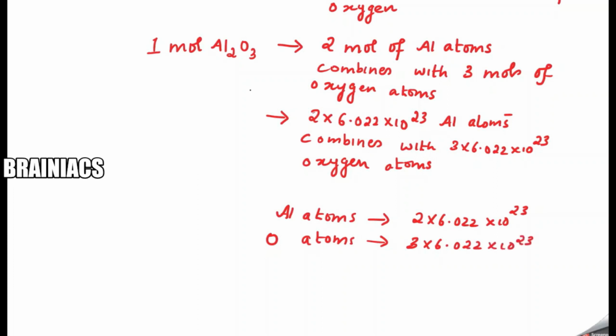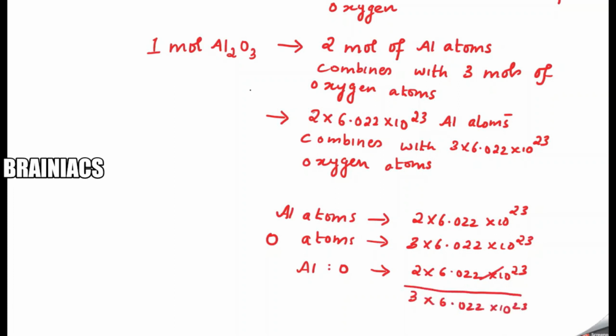If I take the ratio of aluminum to oxygen, it will become 2 into 6.022 into 10 power 23 divided by 3 into 6.022 into 10 power 23. This will cancel off and you will get 2 is to 3. So this is how I am getting Al2O3, correct?